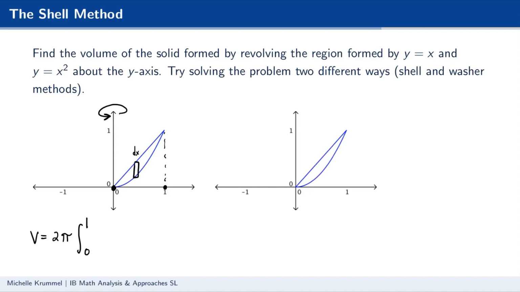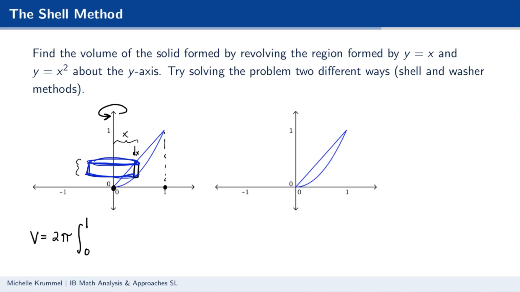Now I'm going to draw my cylinder. I'm going to rotate it across, or reflect it across the axis of rotation, which is the y-axis, and then draw in my cylinder right here. So that helps me just make sure that I'm doing my radius correctly when I complete my setup. Okay, so now I need radius, and the radius is this distance here, which is x, and the height is this distance here, which now it's not just y this time.